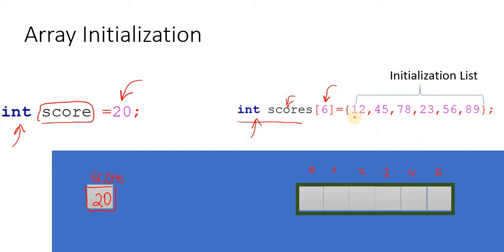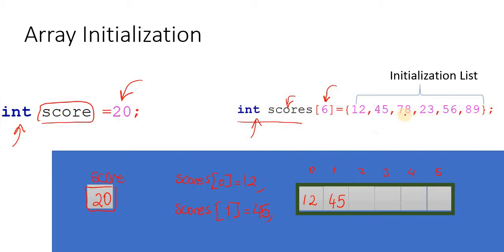And the value of the first element is going to be 12. So 12 will be assigned to the first element of an array. So scores sub 0 will be 12. And 45 will be stored in scores sub 1. So scores sub 1's value is 45.